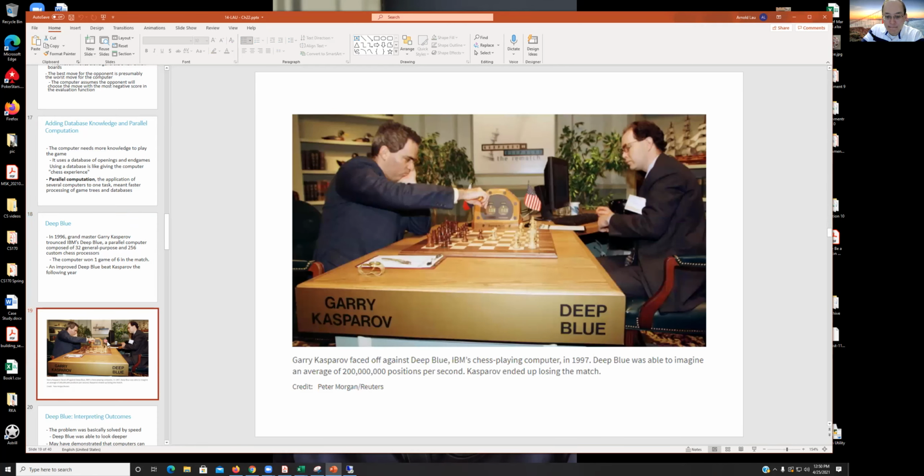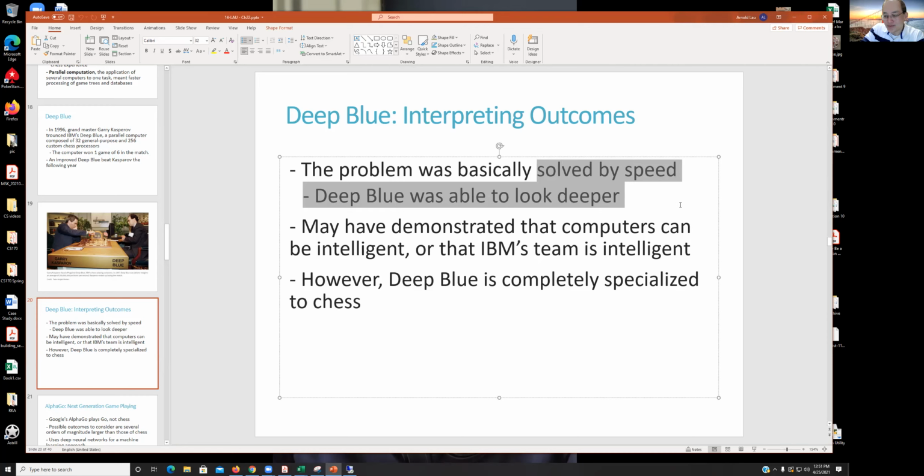And this is what I was alluding to: this was a problem solved not really by computer intelligence per se, but by hardware and algorithms, right? You were just able to crunch through those game trees.